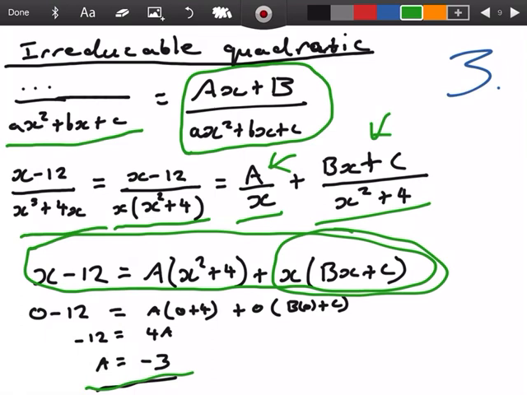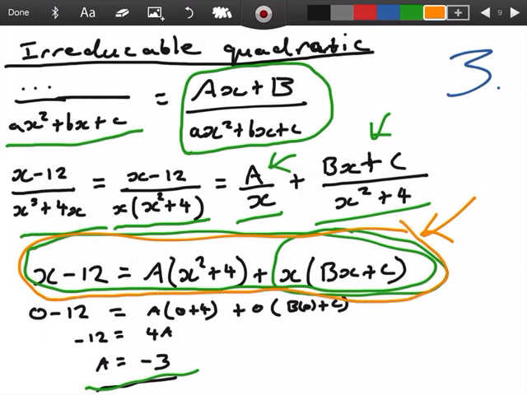And then what we do after, we replace A back into the original equation, which is this equation, all of it. But we keep x the same this time, so we just keep it as x. And then we expand all of the brackets, and we move everything that doesn't have B or C in it to the left-hand side.